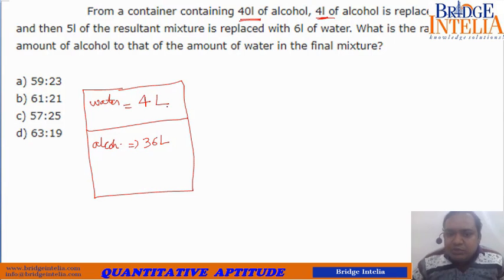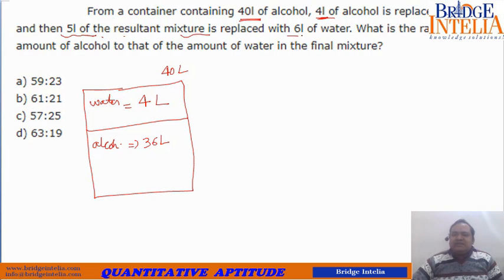Now what is the total volume? Total volume is 40 liters. And then 5 liters of the resultant mixture is replaced with 6 liters of water. That means you are taking out 5 liters now.